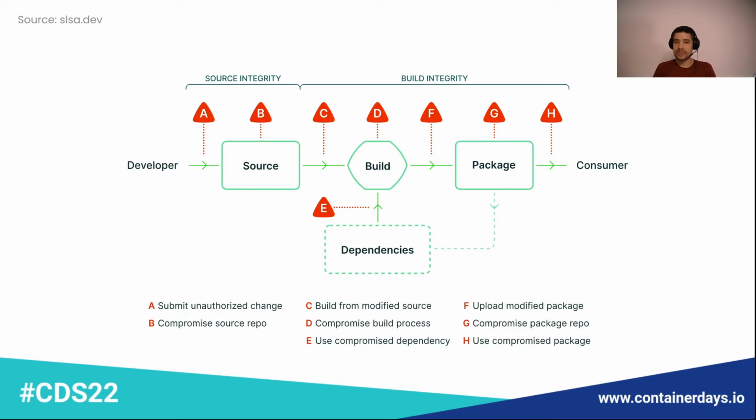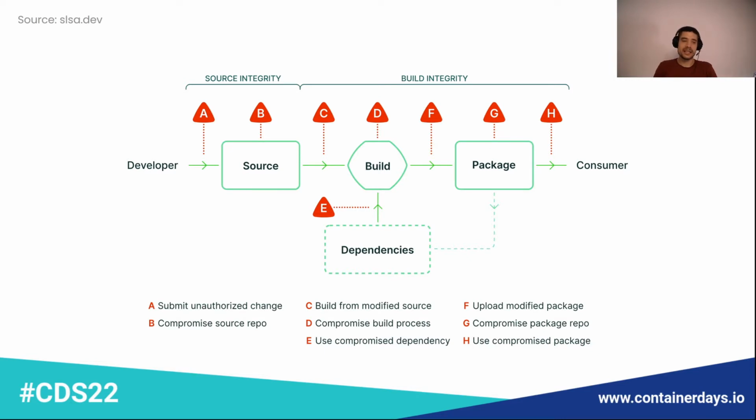They can push malicious code. It will trigger a new build. It will compile into a new artifact, which is a container image, and then our Kubernetes cluster can pull this malicious container image, and that's it. We're running some malicious code in our production environment.